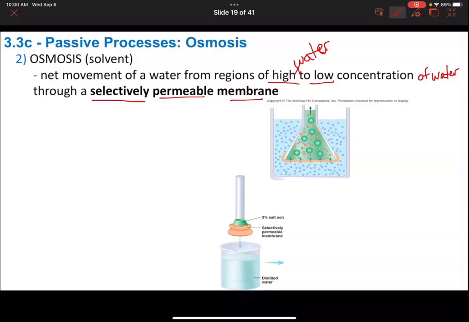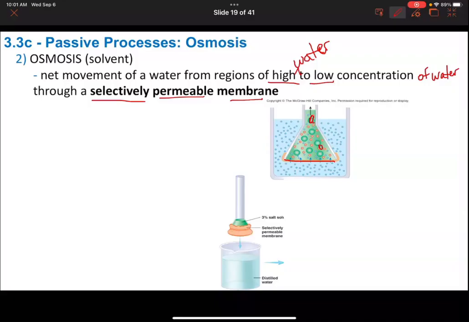We can see this in this figure here, where we have some solutes. Solutes are the things that get dissolved, if you will. Water acts as a solvent. It is the dissolver. So you have this flask with a semi-permeable membrane, meaning it won't let these larger molecules, which are green and red, leave.